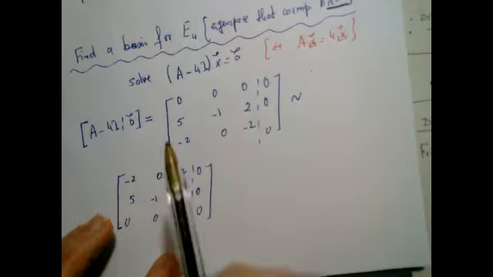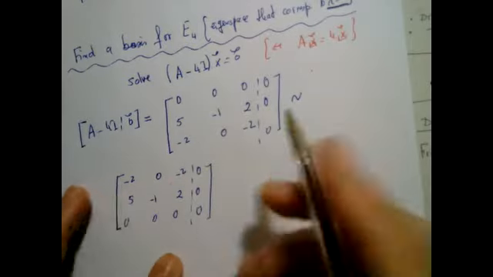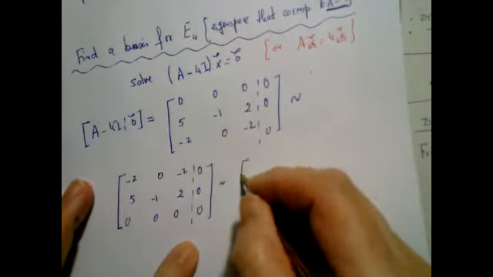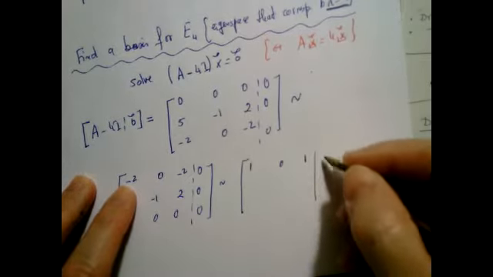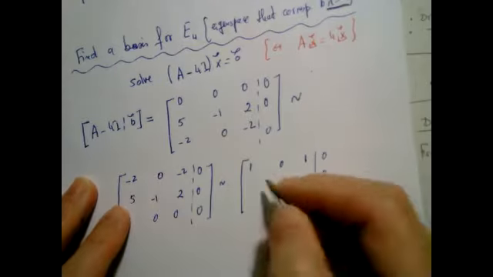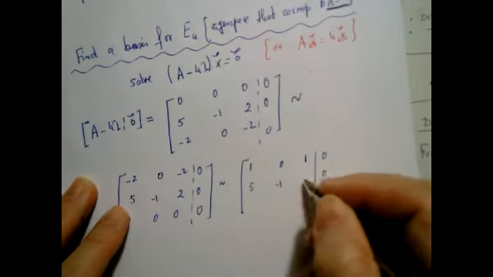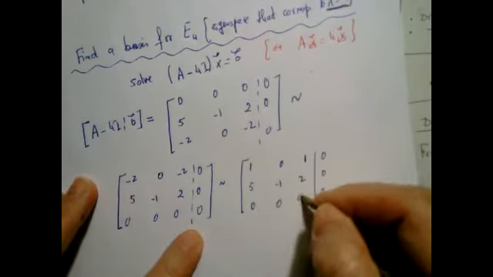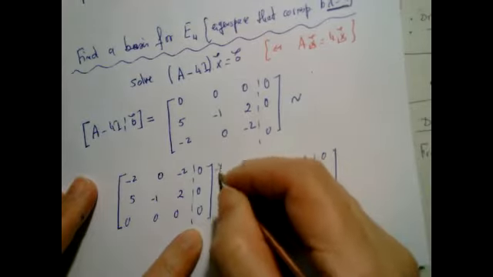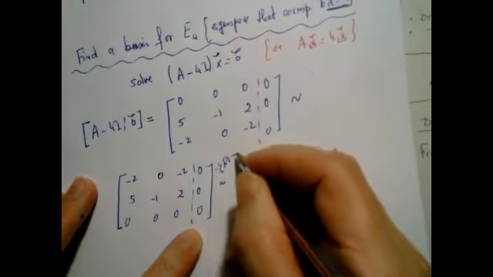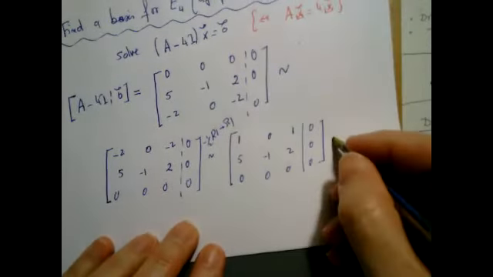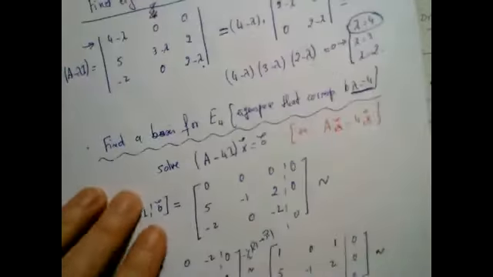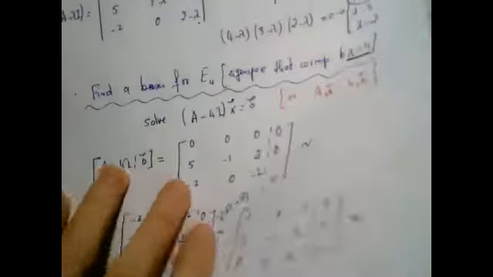But having minus 2, minus 2, I would rather first divide by negative 2 to make this a 1, which makes the math much easier for me, since I'm doing it by hand. Now we have to solve the system.